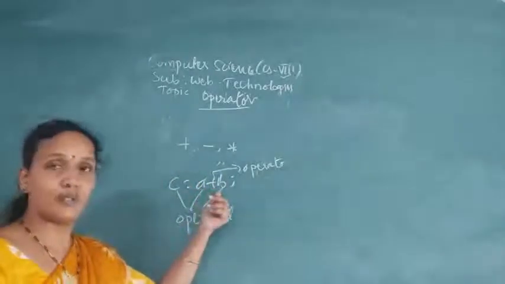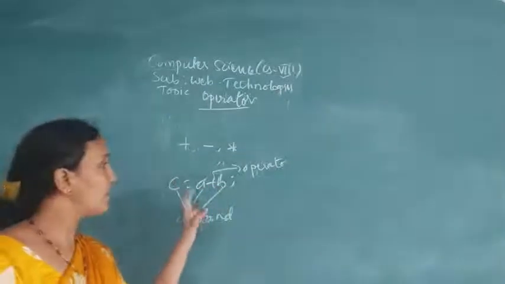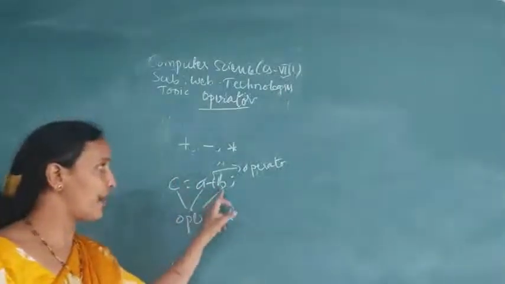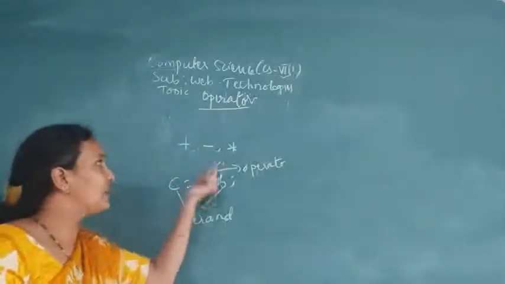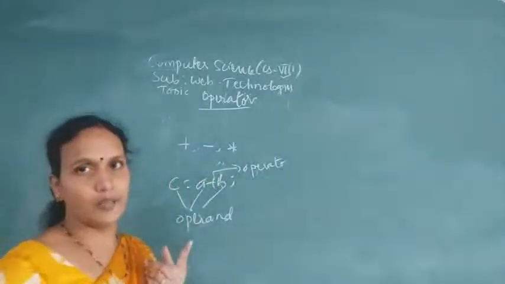Arithmetic operation. So here we are adding these two values and storing that result in C. Whatever result you are getting is stored in another variable.